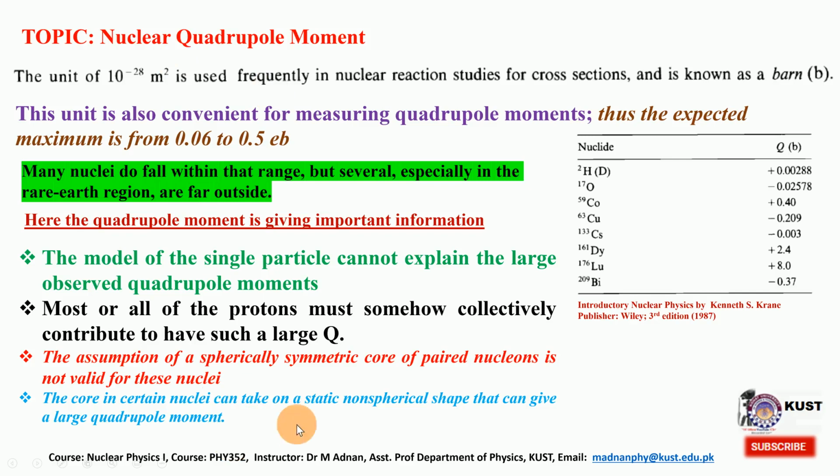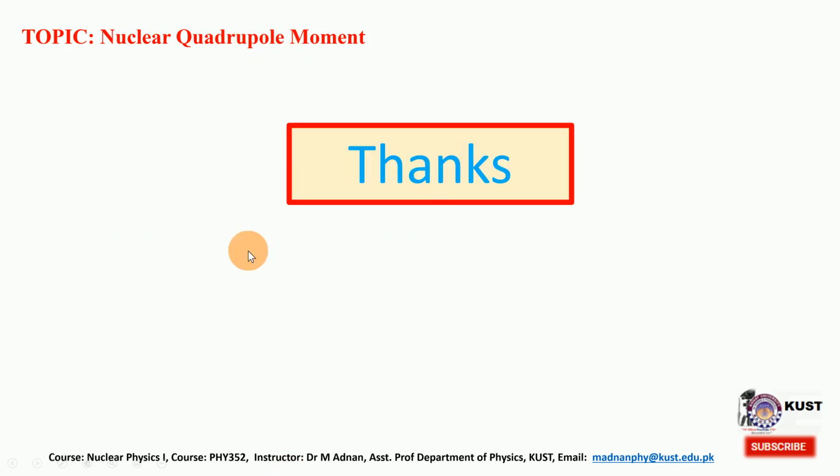So if we conclude, in the first part of the course the nuclear charge distribution is somehow uniform, but for some cases there is deviation from the spherical symmetry, and it can give rise to non-zero quadrupole moments. So with this, I thank you for your time.